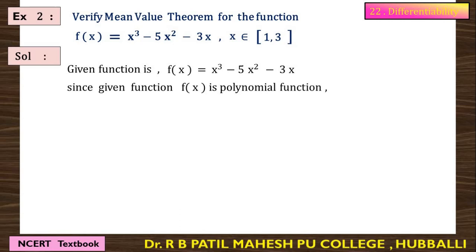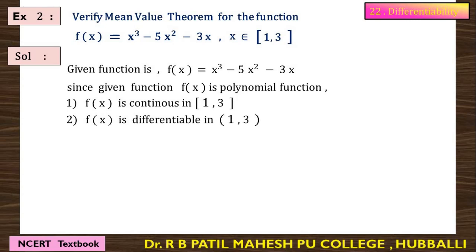Again it is a polynomial function, so we can easily discuss the continuity and differentiability of this function. Since the given function is a polynomial function, f of x is continuous in the closed interval 1 comma 3, and f of x is differentiable in the open interval 1 comma 3.